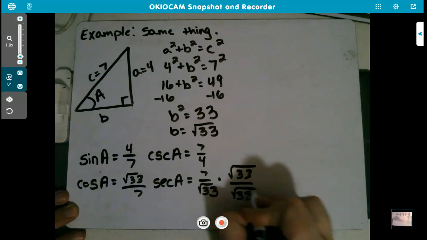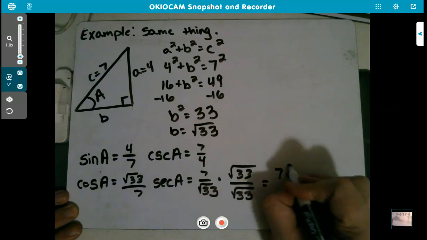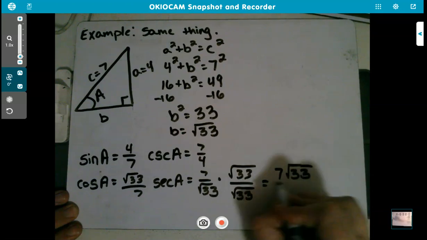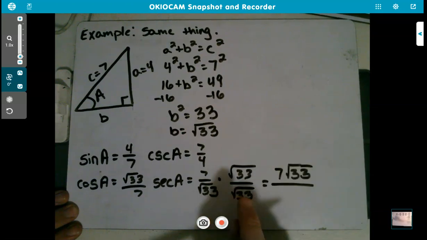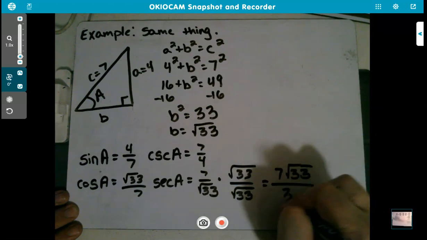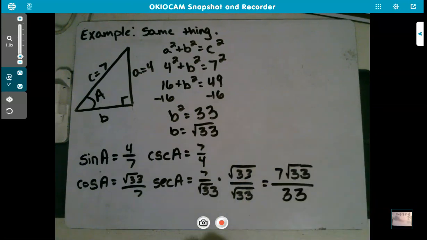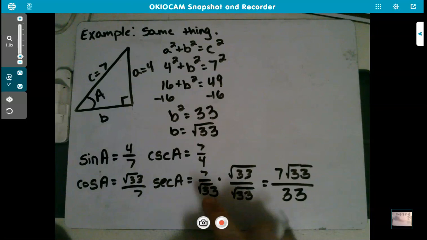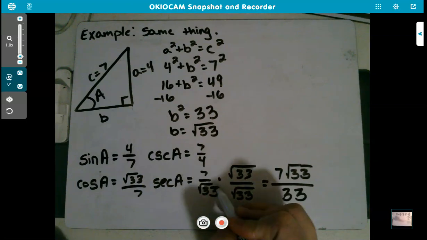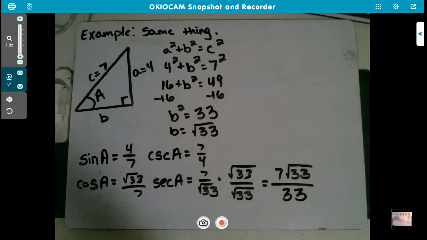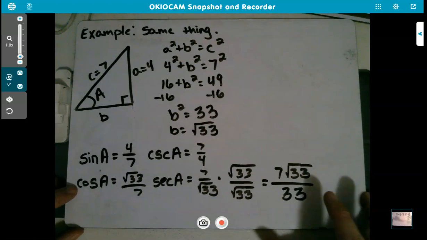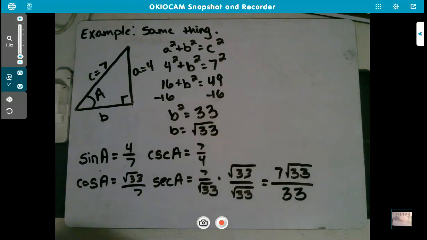rid of it. So on top, we'd have 7 square roots of 33 over square root of 33 times the square root of 33 is just 33. But again, I'm completely fine if you leave it in this format here. I don't care. This is just the more correct way.